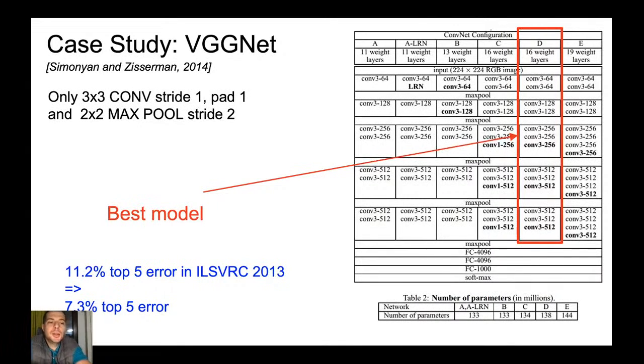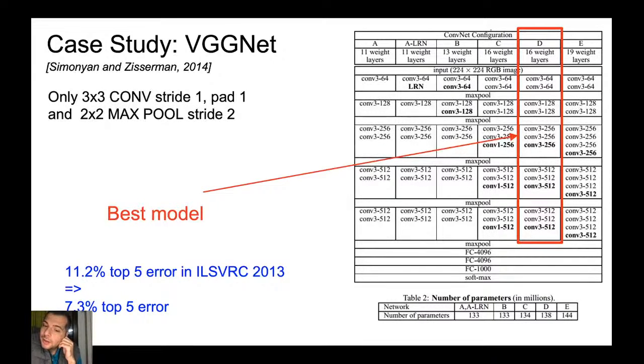And they obtained their best results with a model with 16 layers. Which is perhaps a bit surprising that the deeper model with 19 layers didn't obtain better results. And we will continue this discussion when we discuss about ResNet and discuss why the results start to decrease after about 20 layers.